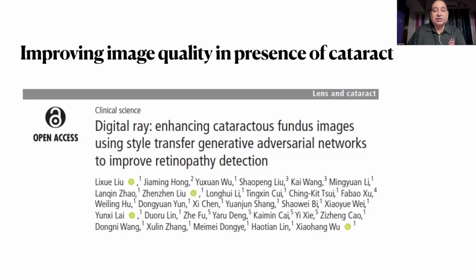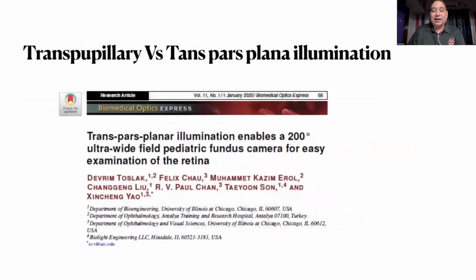And that's something which the research as far as ultra wide field imaging is going towards. And Dr. Paul Chan's group in Chicago has tried using trans pars plana illumination rather than transpupillary illumination, which definitely can get rid of many of the artifacts. The proof of concept has been published, and people are trying to work on this concept to create ultra wide field imaging.